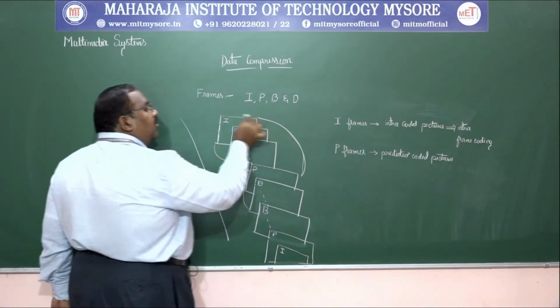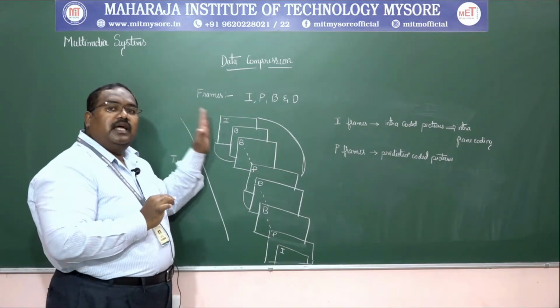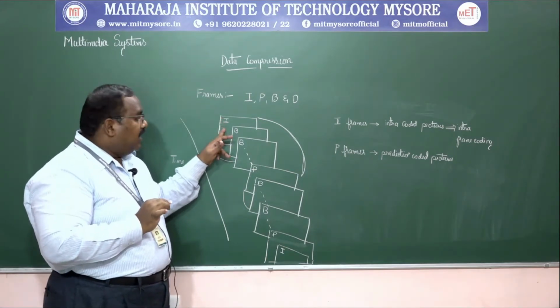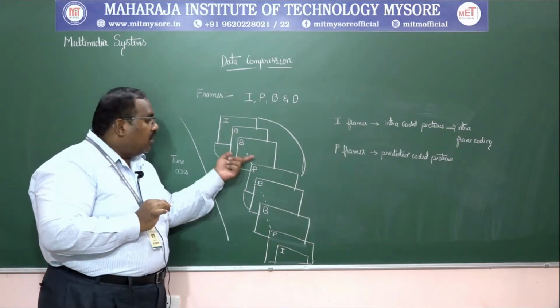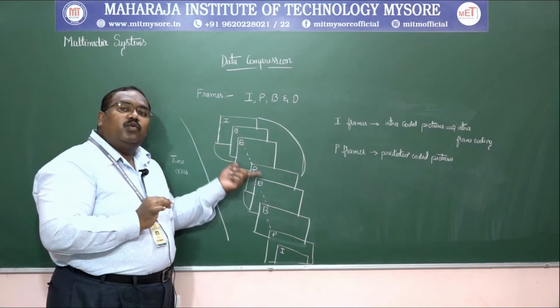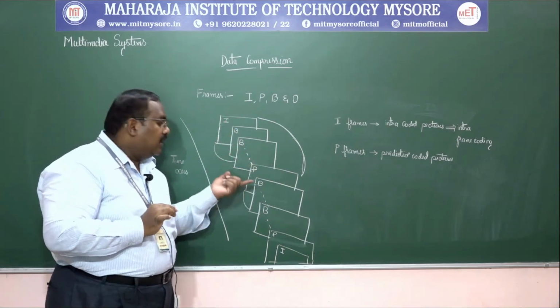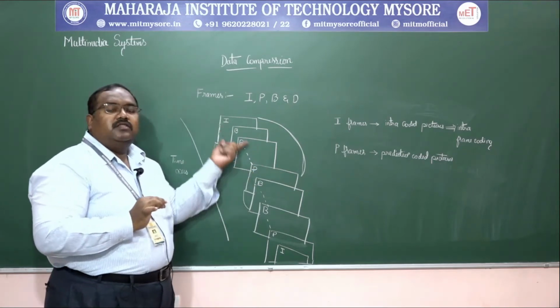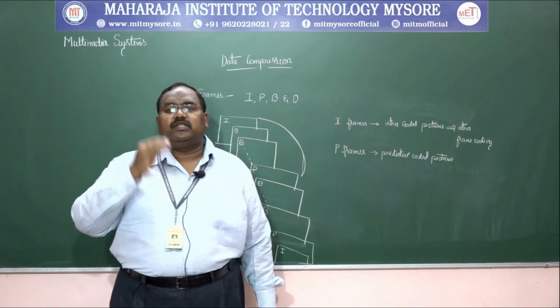It always refers to the previous thing, which is the I-frame. So there are a lot of B-frames, and we predict what kind of frames might be there in between the P and the I. So that's why we call it the predictive coded pictures.